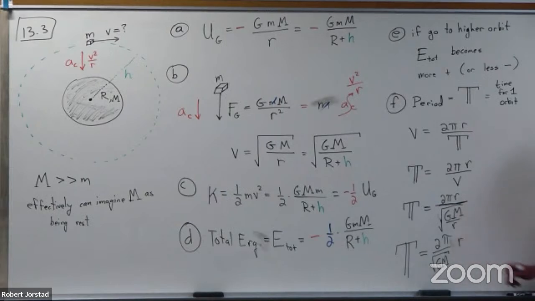R to the what power? I've got an R up top, and then I got a square root of that. What do you get? Yeah, 2 halves, and then this one flips up plus another half. That's going to be 3 halves.